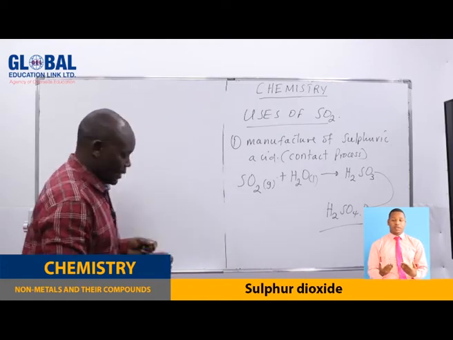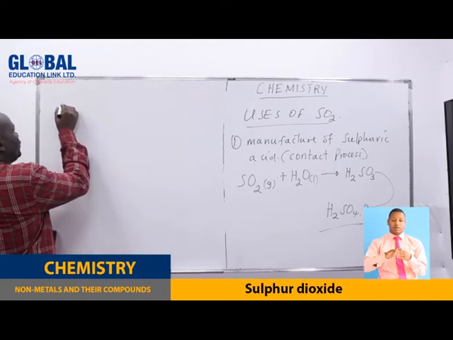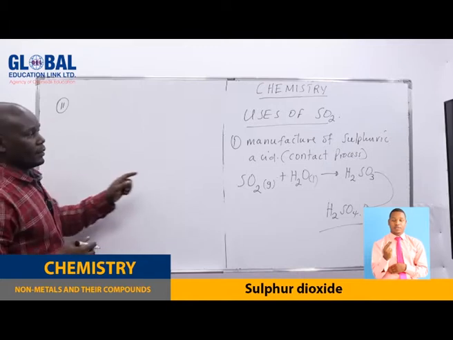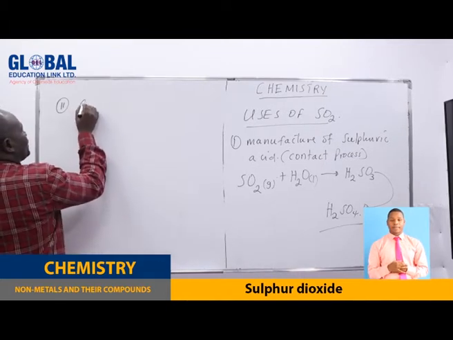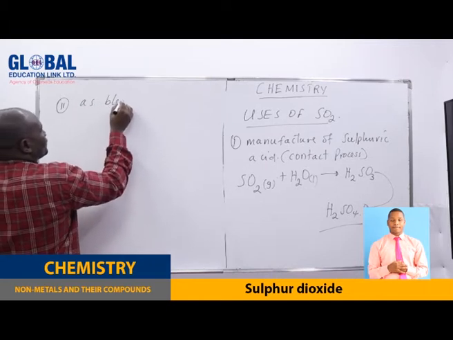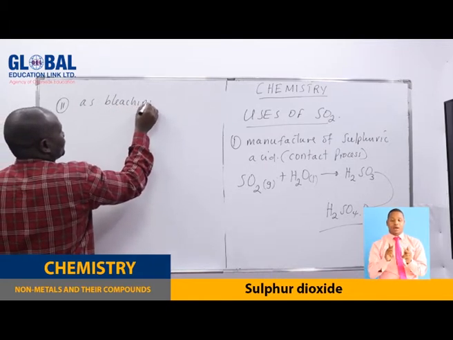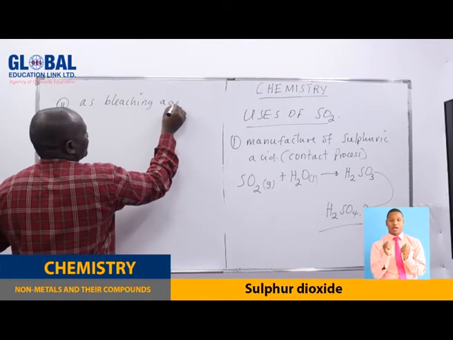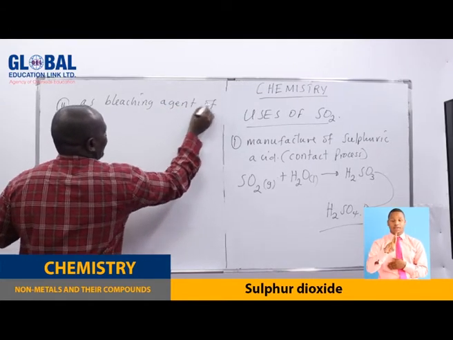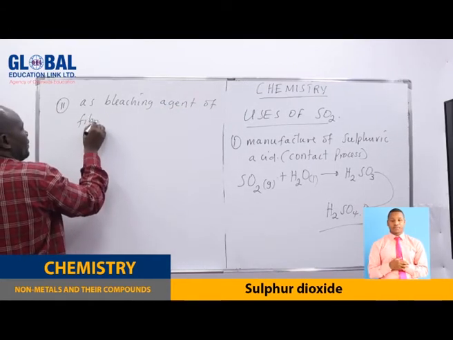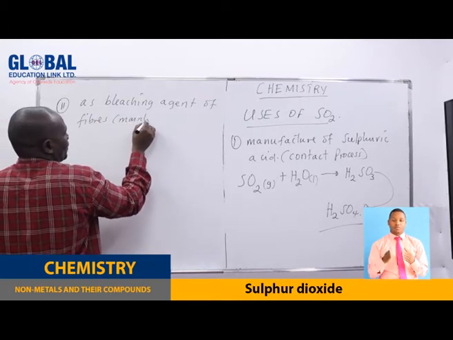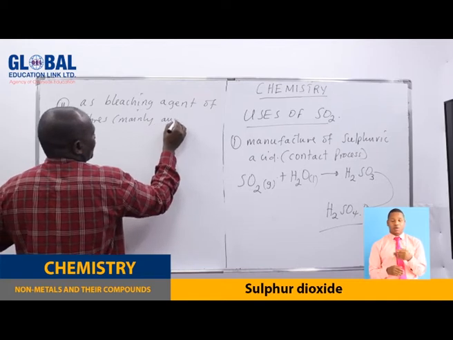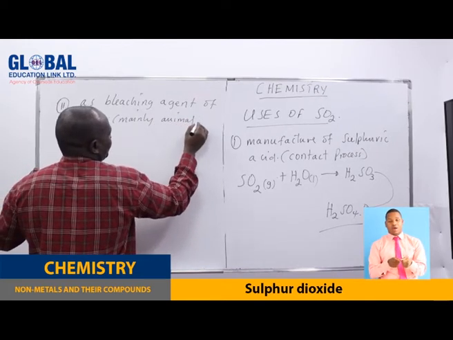Now, the second use of sulfur dioxide is as a bleaching agent of fibers, and here mainly fibers which are of animal origin.